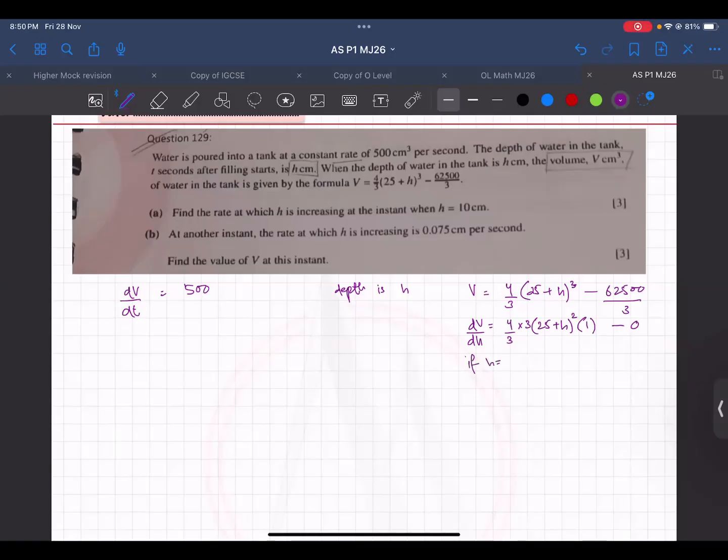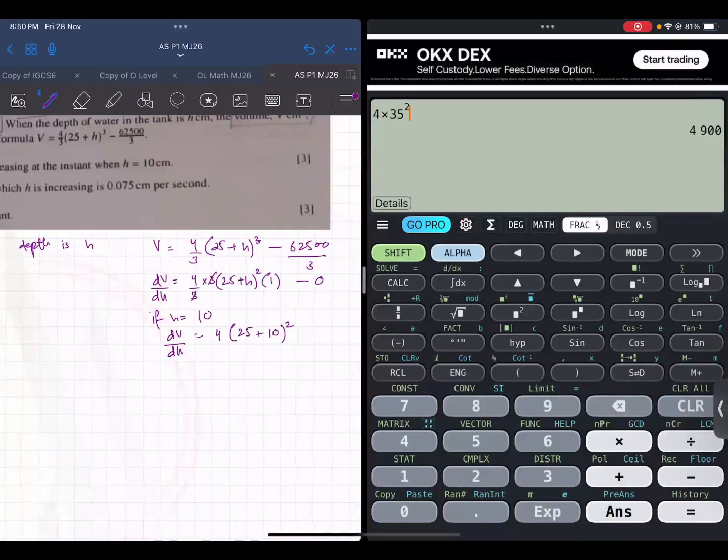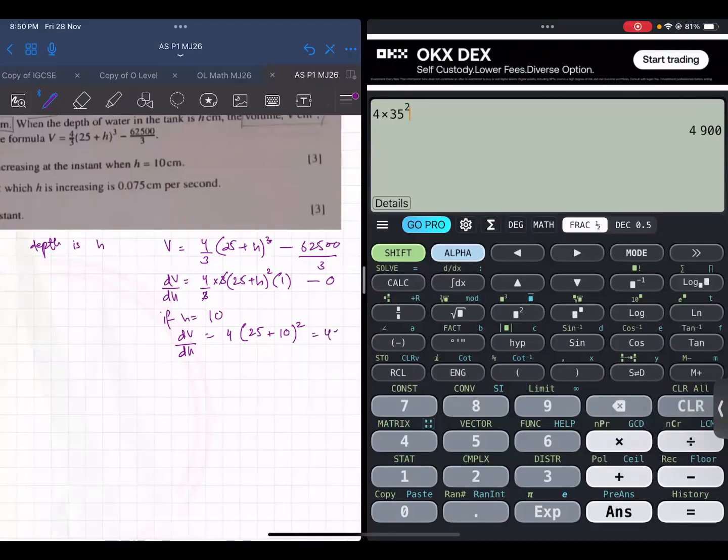And the value of h is given to us, it is 10. So you can find the value of dV by dh. 3 and 3 cancel out. 4 into (25 plus 10) square, 4 into 35 square.